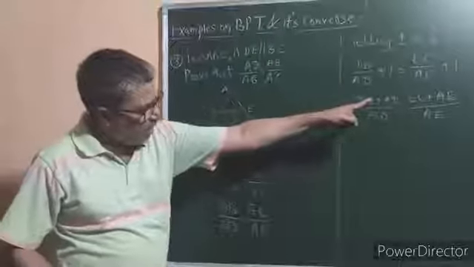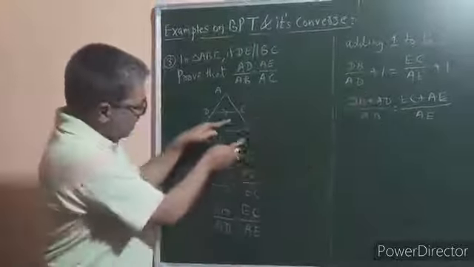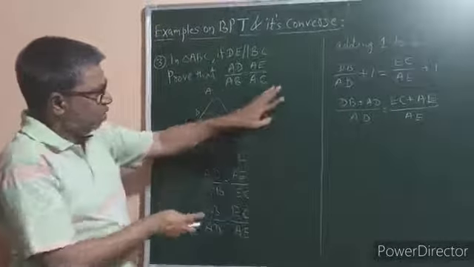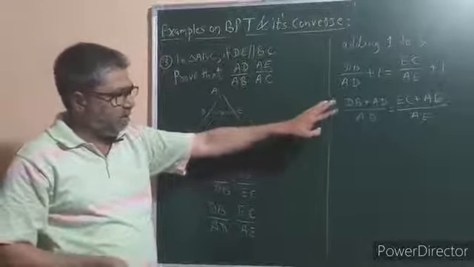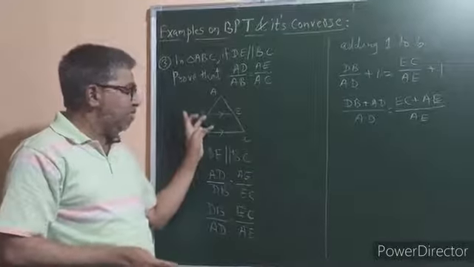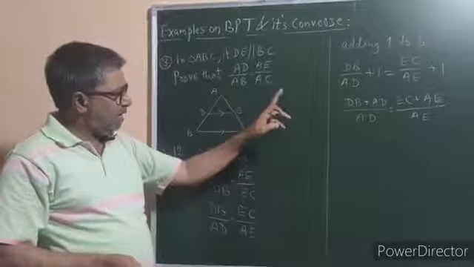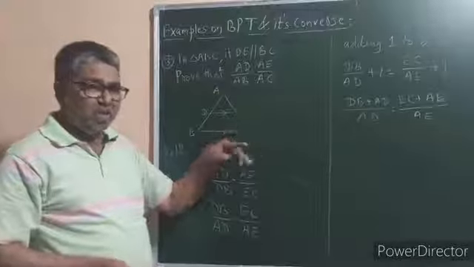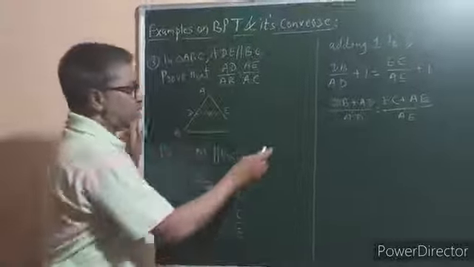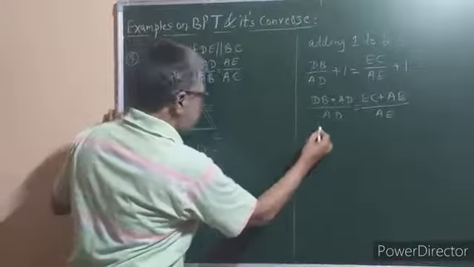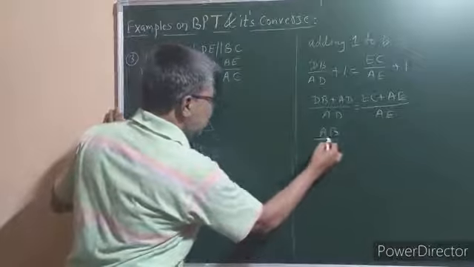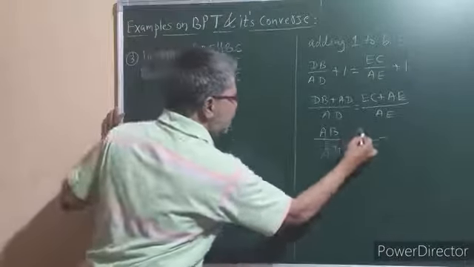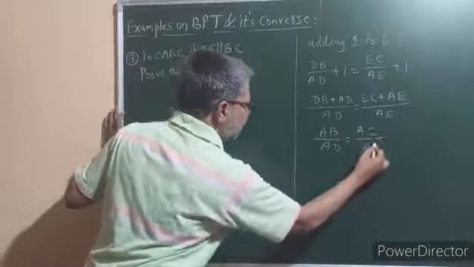In the same way, EC plus AE, or CE plus EA, will be AC. So we can replace DB plus AD by AB, and at the same time EC plus AE will be replaced by AC. So let us replace, write AB divided by AD is equal to AC divided by AE.